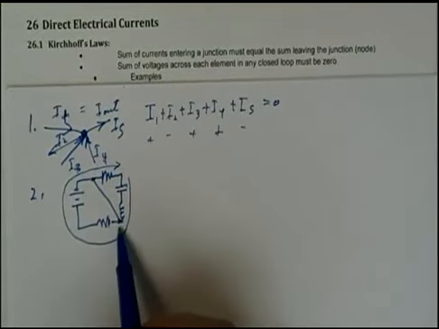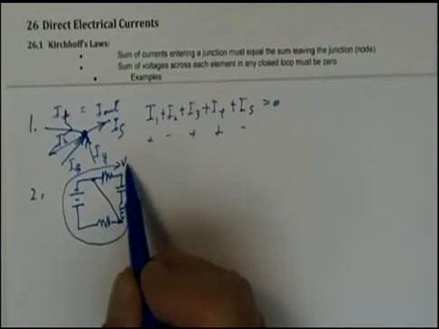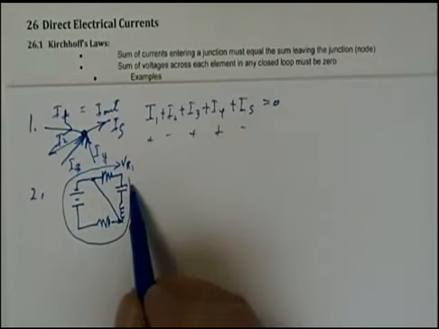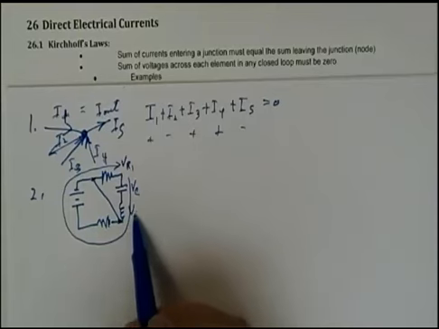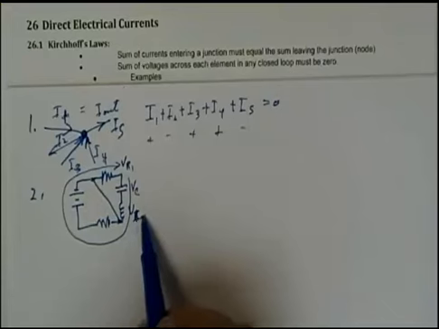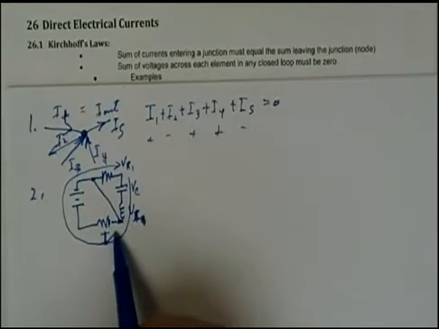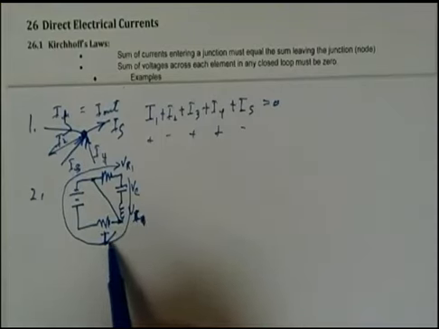So let's take the whole loop first, and let's look at this as the voltage across resistor 1, voltage across the capacitor, voltage across the inductor, and voltage across resistor 2.